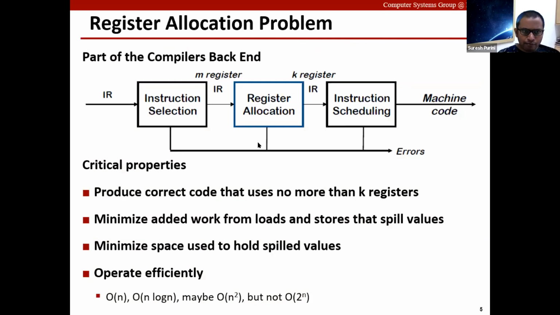So if you look at the backend, it usually consists of taking the IR, which is a sequence of 3 address tuples, and we have to use suitable instructions to map this IR into target machine code. What we have seen is a very naive method: if there is an addition operation, use add.